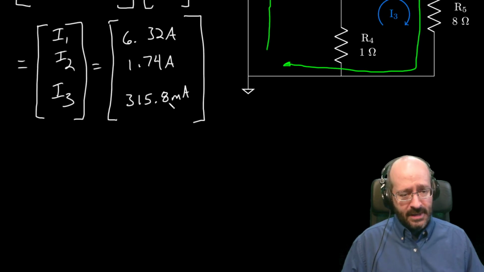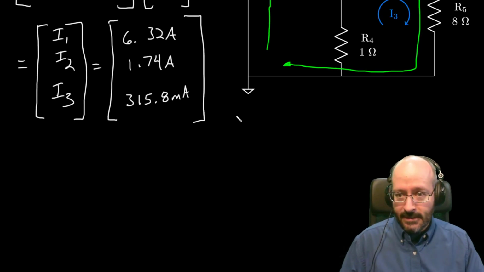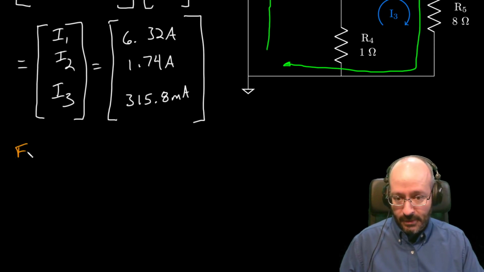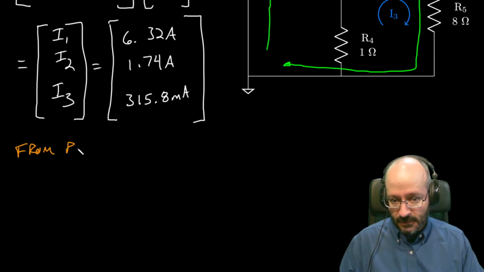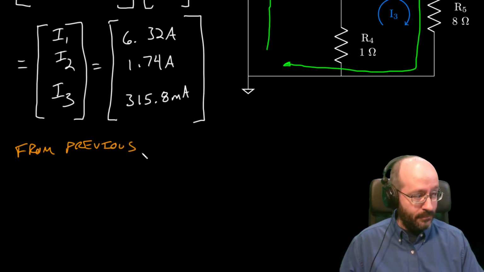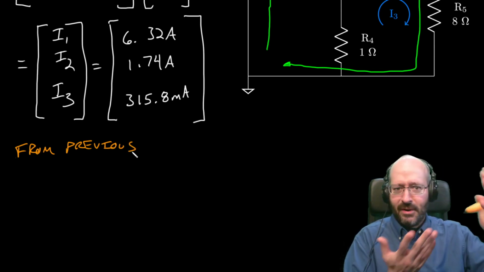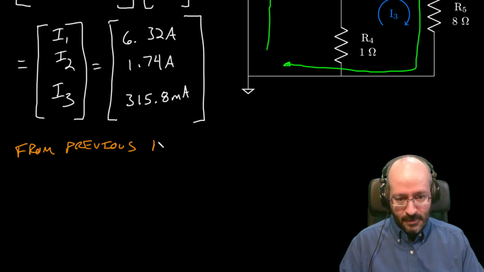So if we say this is from a previous problem, just so we know where these magic numbers came from, you have the video on how we wrote this exact matrix, and you can compare the images. They'll be identical. It's kind of the same problem, isn't it?